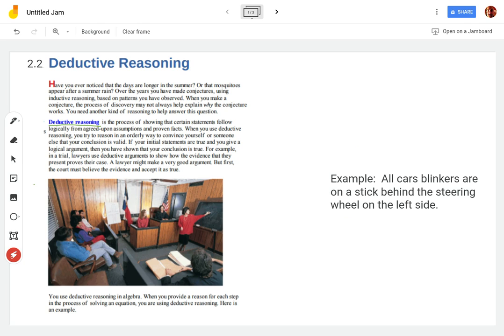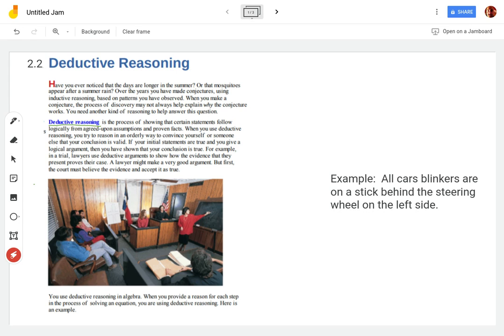That is the case for every single car. So the next time you see a car, go look to see if that is the case for your specific car, right? So we have a statement that says all cars have this thing, every single car. Now go ahead and check a specific case, okay?